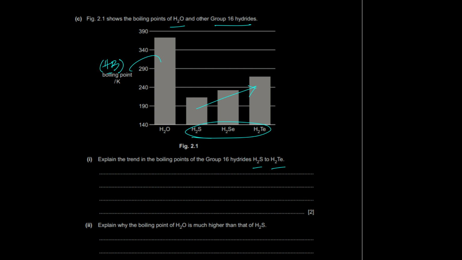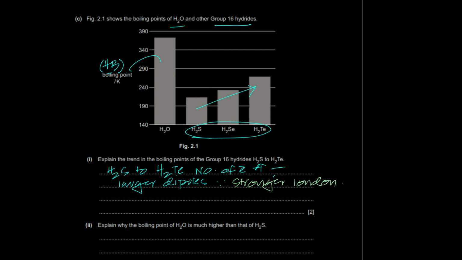So I could say, from H2S to H2Te, the number of electrons increases, which means larger dipoles, and larger dipoles means what? Therefore stronger van der Waals or stronger London dispersion forces, or stronger London forces. It doesn't really make a difference.